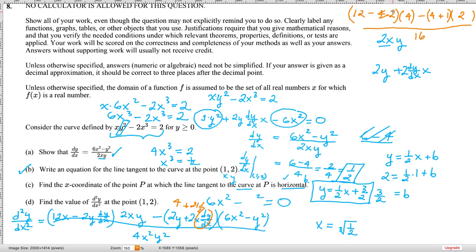Okay, this is 12 minus 2, it's 10, it's 40, minus 5 times 2 is 10, over 16. 30 over 16 is equal to 15 over 8. Alright, take your time with these calculations, especially these last two over here.